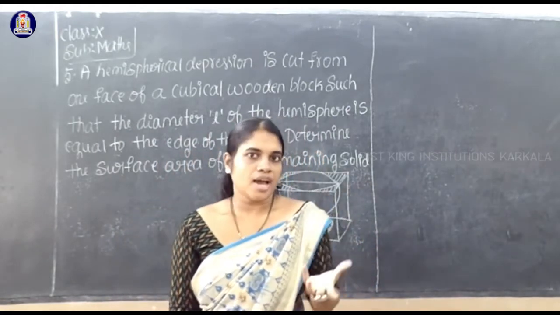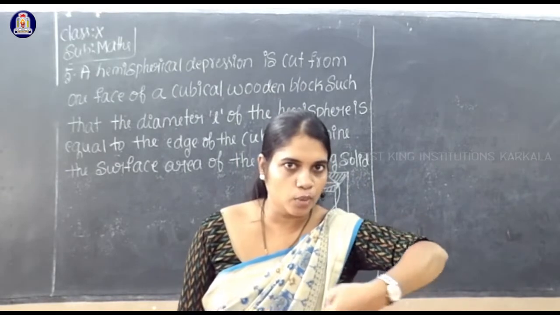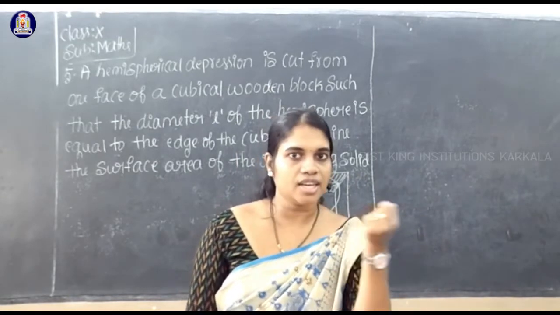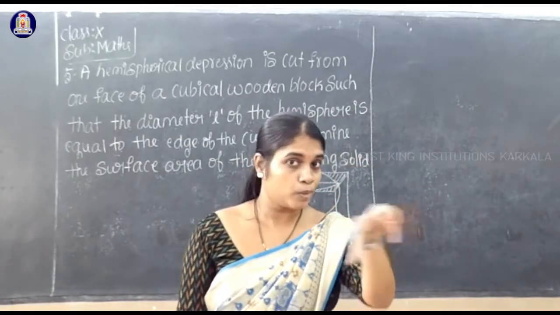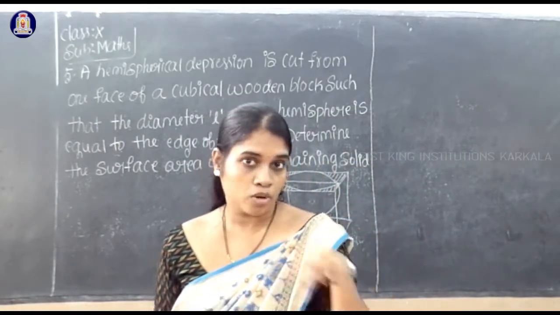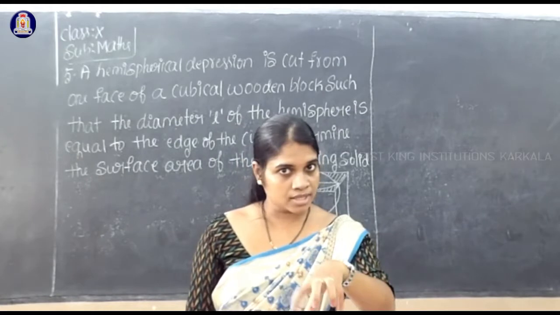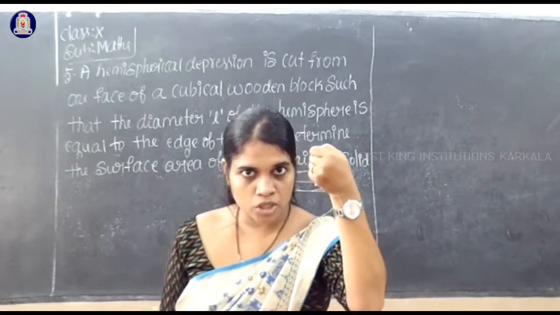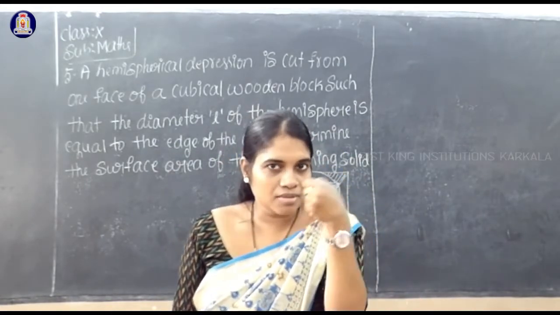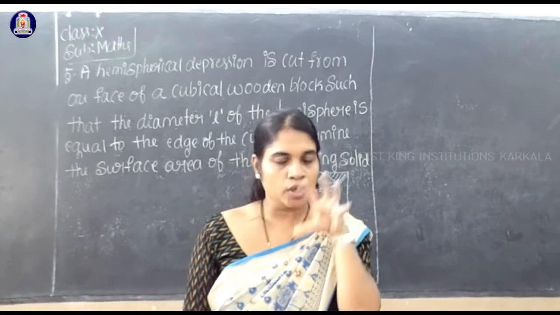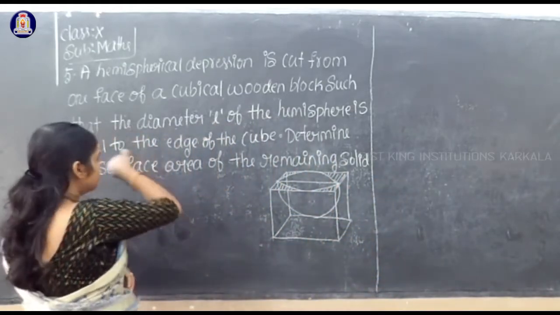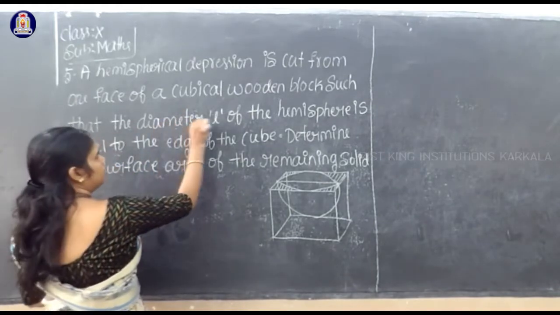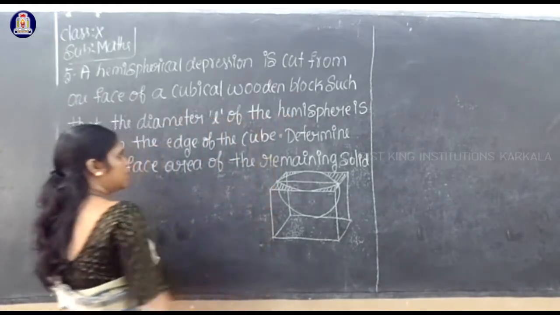If you take one scoop from this ice cream box, then what are the remaining portions? The same shape will appear here. So in the question, the diameter L of the hemisphere is given.